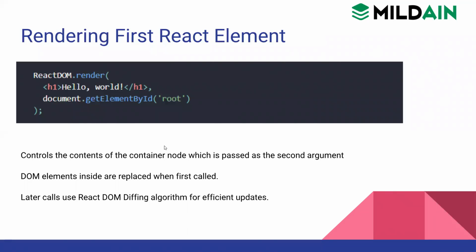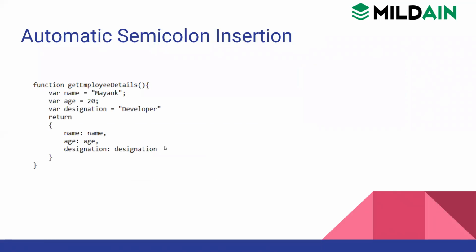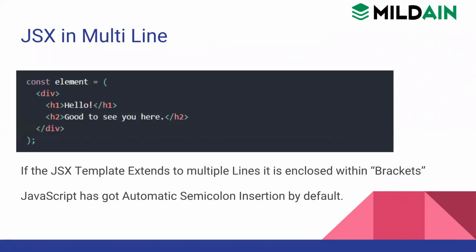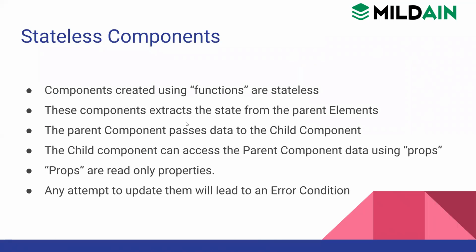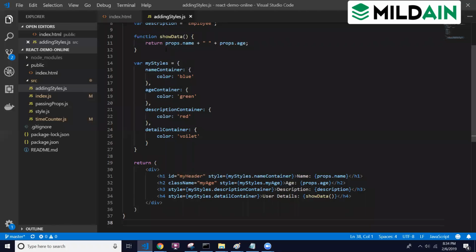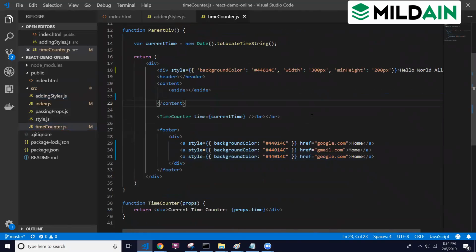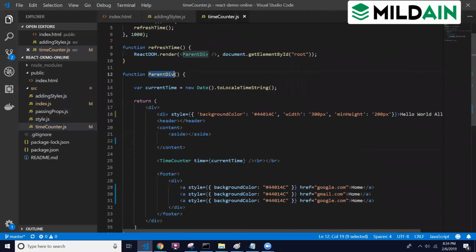So we rendered the first element and did the JSX part. Yesterday we talked about automatic semicolon insertion, then how to write JSX across multiple lines. Then we talked about a stateless function: anything you create using a function is a stateless function, and it should not contain its own data.